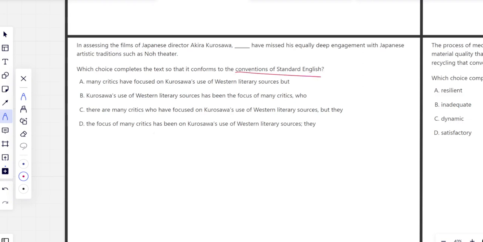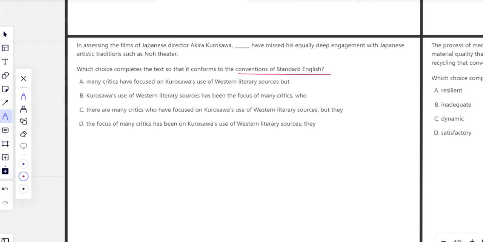Okay, so when I see this, I know we're dealing with a grammar question. Conventions of standard English, that means grammar question. Let's see. Many critics have focused on Kurosawa's use of Western literary sources, but have missed his equally deep engagement with deep artistic traditions. That could be it.